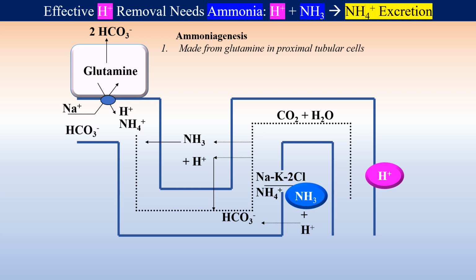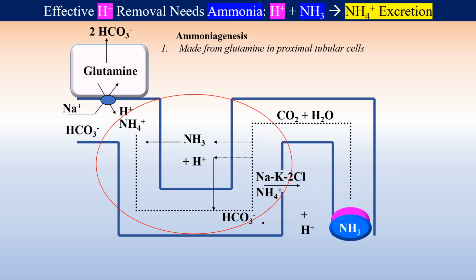After its production, ammonium undergoes recycling within the medullary interstitium before it gets secreted into the lumen of collecting ducts as ammonia. Inside the collecting duct, ammonia buffers the secreted hydrogen and is excreted in the urine as ammonium.